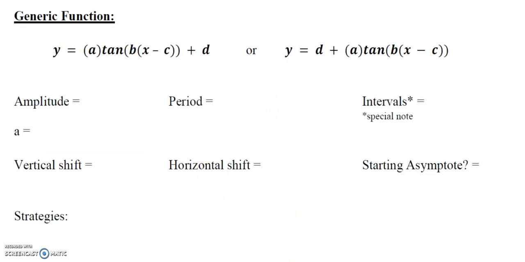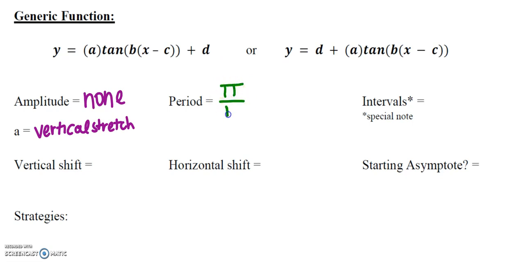Okay, so the amplitude, none. But the A value will create a vertical stretch, just like transformations. It'll be a stretch if A is greater than 1, a shrink if A is less than 1. We will have a flip if A were to be less than 0. The period is just going to be pi divided by b, right?